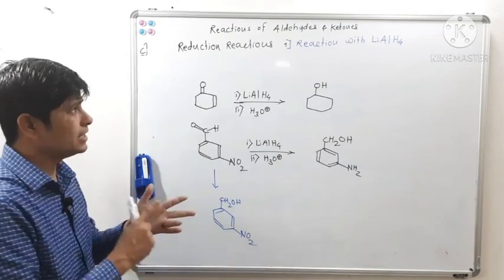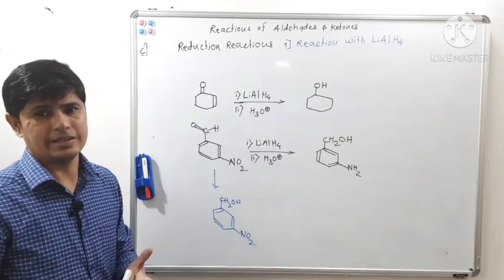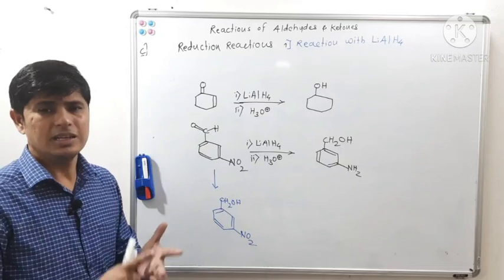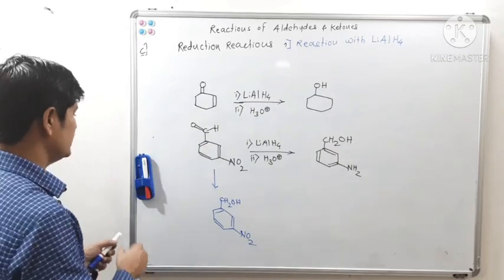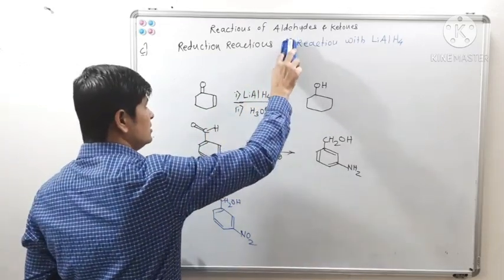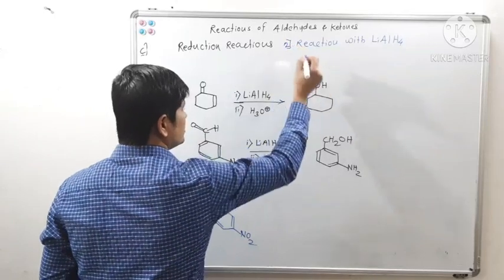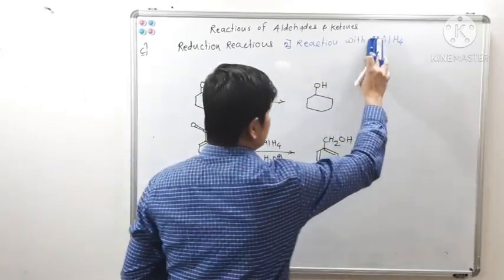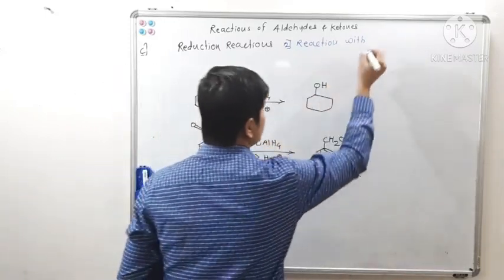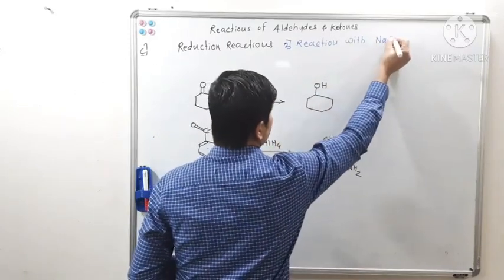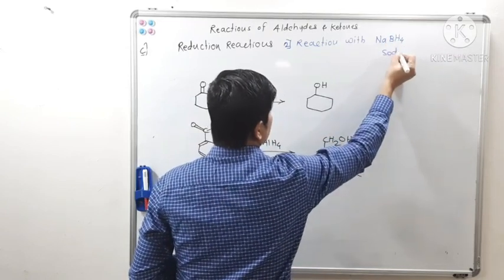So this is the reaction of aldehyde and ketone with lithium aluminum hydride, and we have also seen the reactivity of lithium aluminum hydride. Now let us see the second reduction reaction, the reaction with sodium borohydride.